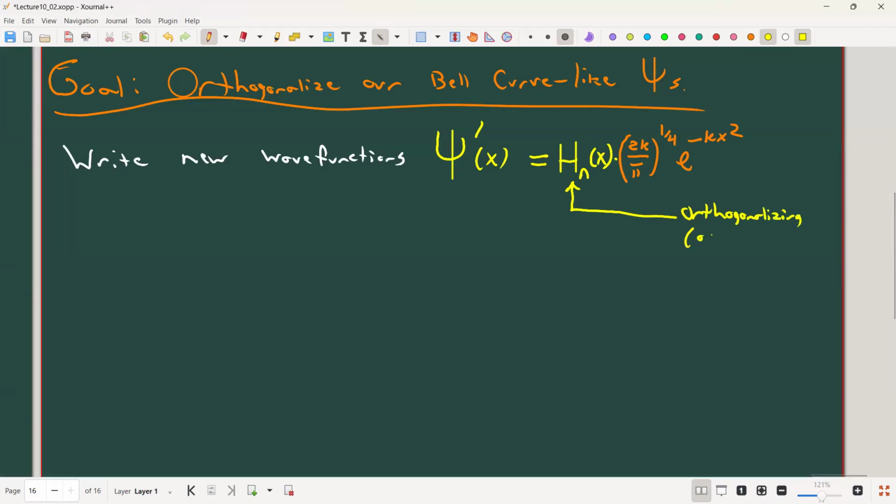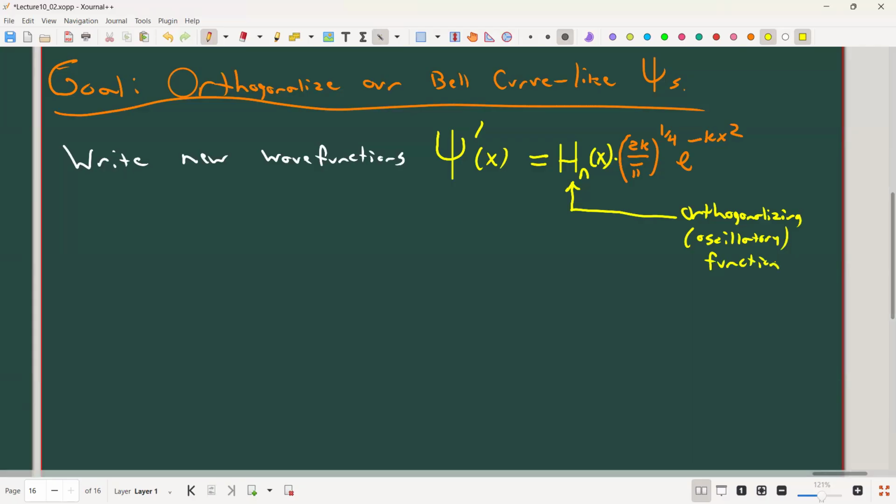which means oscillatory function. And this is a special type of function. This math has been studied for hundreds of years. So the solution I'm giving you is not anything particularly novel or crazy. It just comes from the solution of this equation, which was studied way before quantum mechanics.